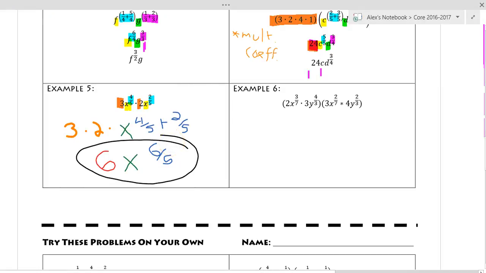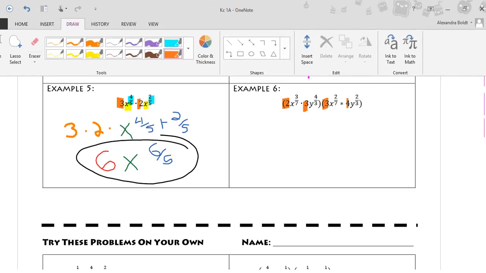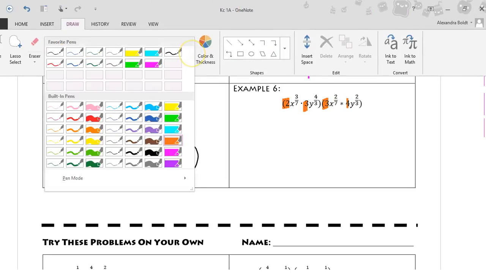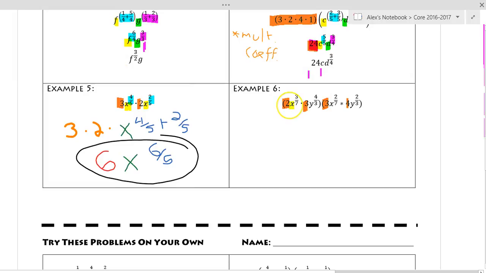Looking at example 6, I have 2x to the 3/7 times 3y to the 4/3, and then 3x to the 2/7 times 4y to the 2/3. So again, I'm going to start with finding my coefficients. And then my bases. So I have x here and an x here.